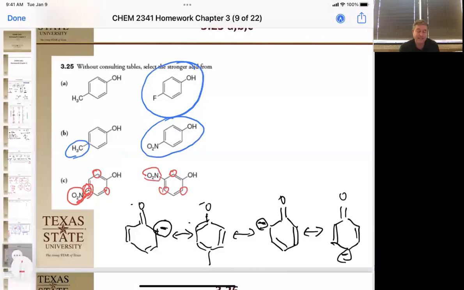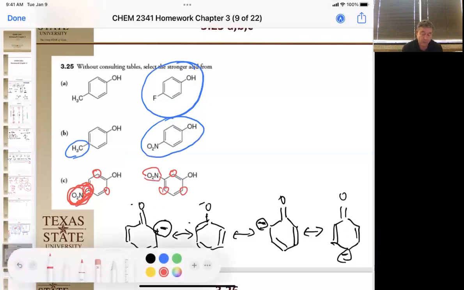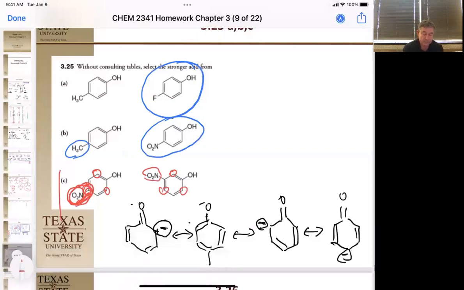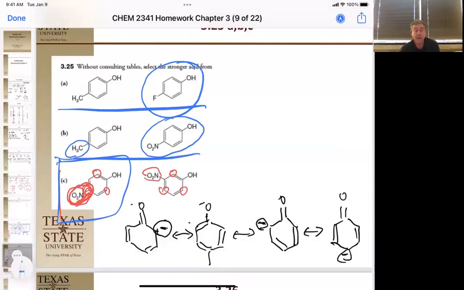But by resonance, this one's closer to that withdrawing group, and therefore it's going to be the more acidic. So in the first cases we used just the inductive effect. But in the third case, the inductive effect was the same for both. We had to use resonance.